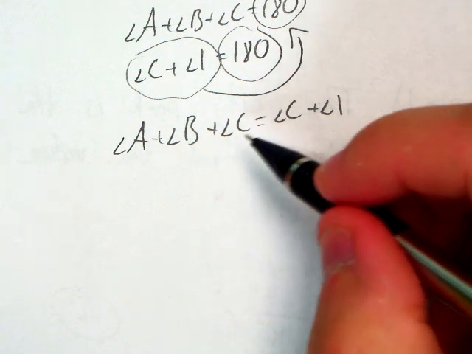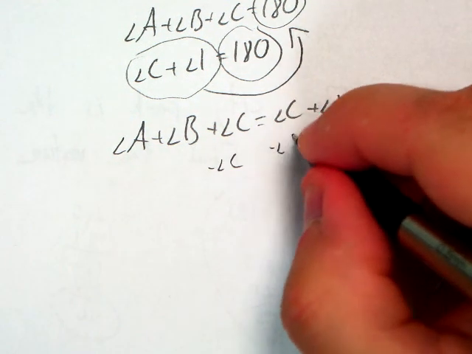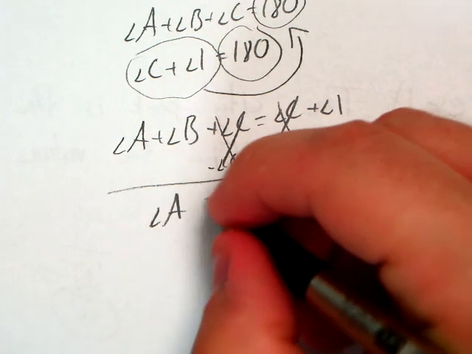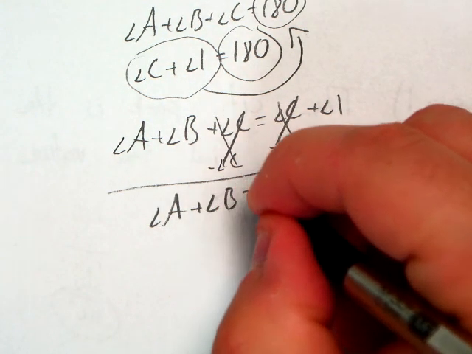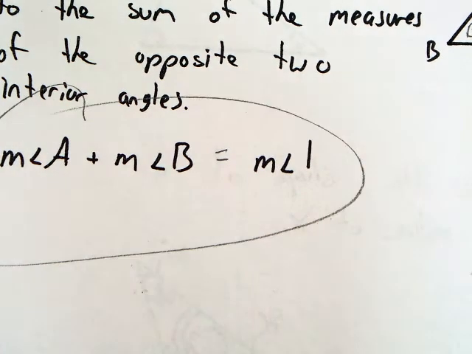We have the same thing that appears on both sides of the equal sign. So if we subtract the measure of angle C from both sides, we create 0 pairs, and all that's left is angle A plus angle B equals angle 1, which is what we have right here.